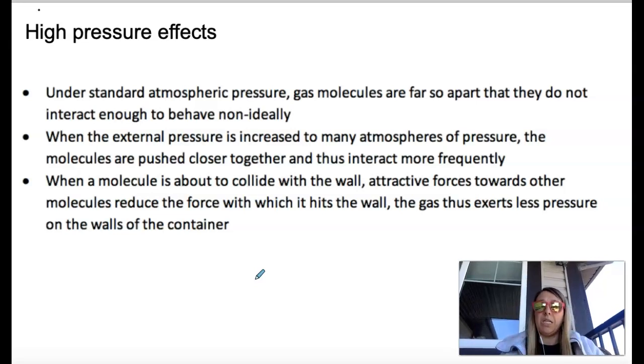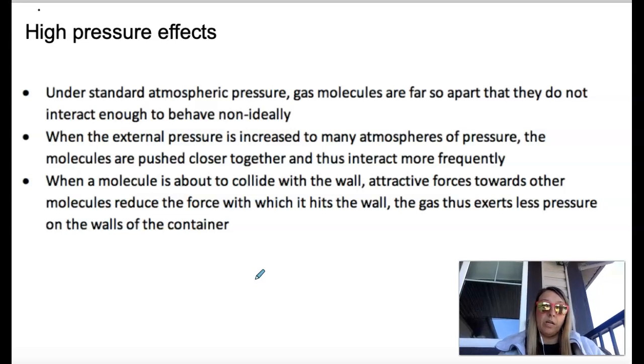There isn't a lot of space between them. They're going to be interacting a lot. There's going to be a lot of attractive forces, potentially a lot of repulsive forces. So we're going to find they're not going to behave ideally. You're generally going to find that their volumes are going to be a little bit smaller than your calculated value would give you. Okay, we're not going to ask you by how much.